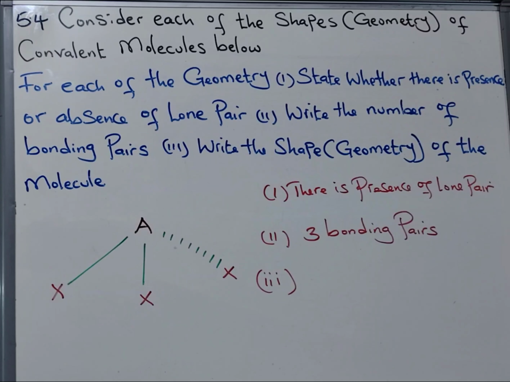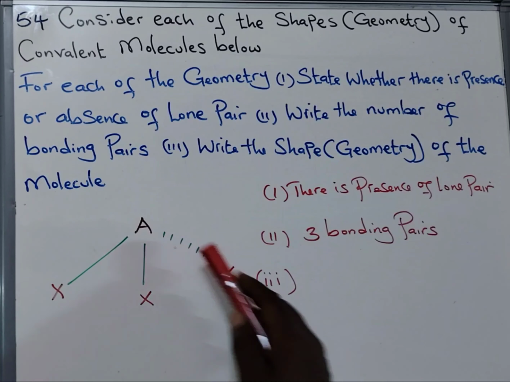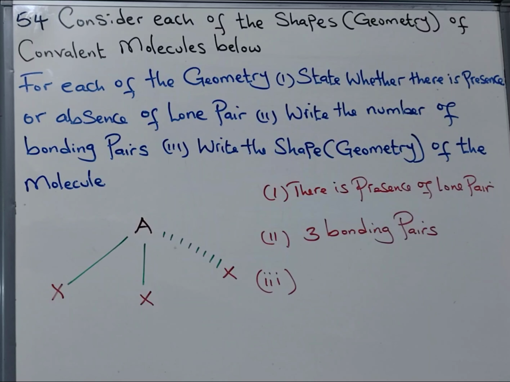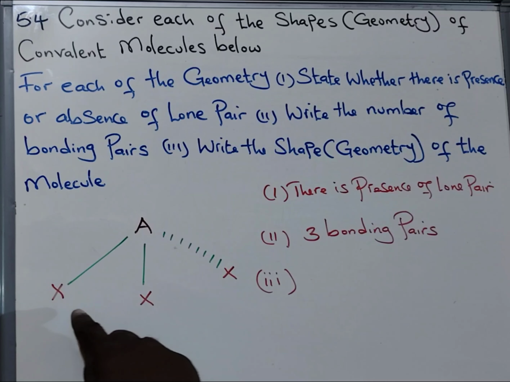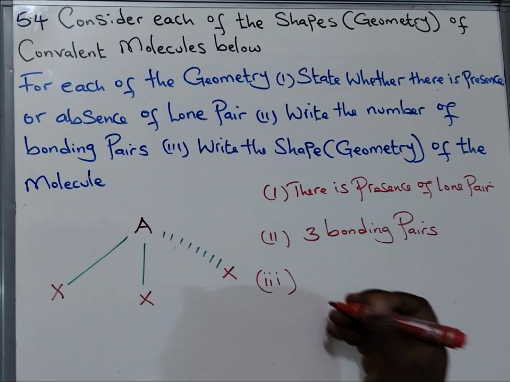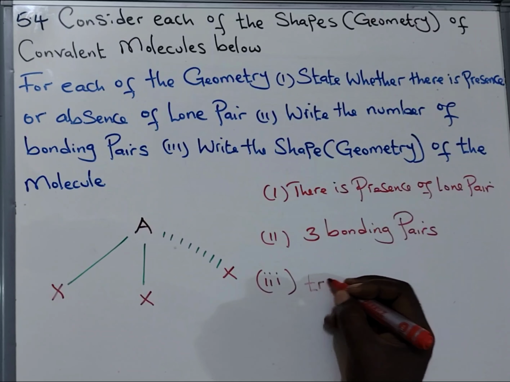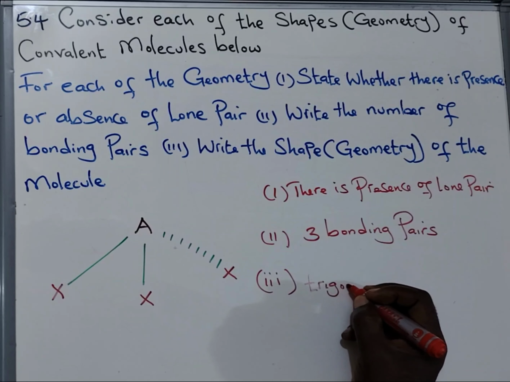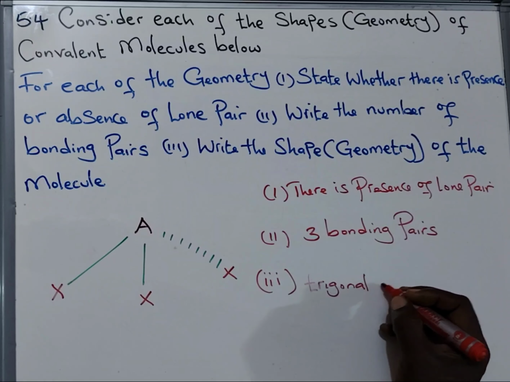The shape. What is the shape of this molecule? The shape is trigonal pyramidal. It's a pyramid. These 3 are sitting on the ground.